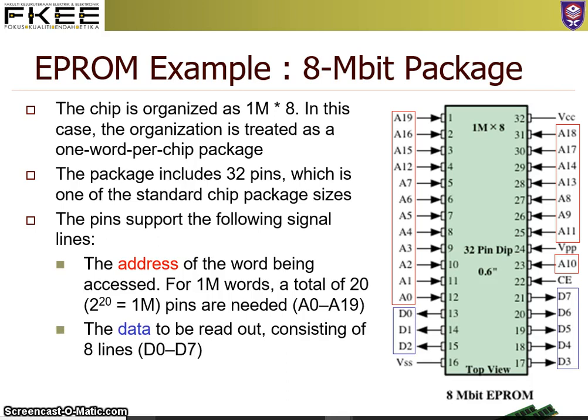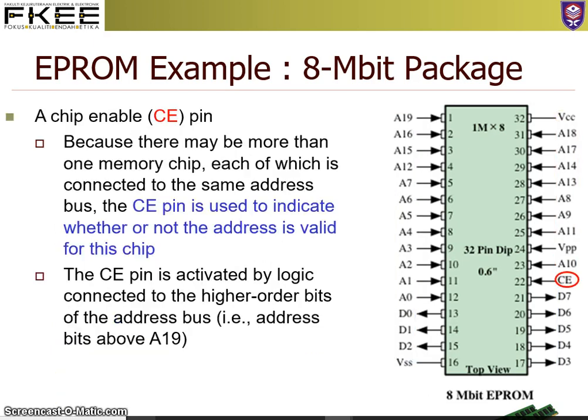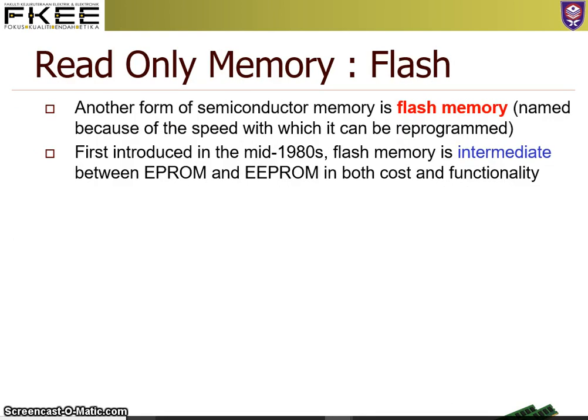Data can be read out, and then we have a power supply VCC and ground, which is VSS, and we have an enable pin to enable the operation of the circuit, and then we have a program voltage VPP. This program voltage is used to write the data inside it.